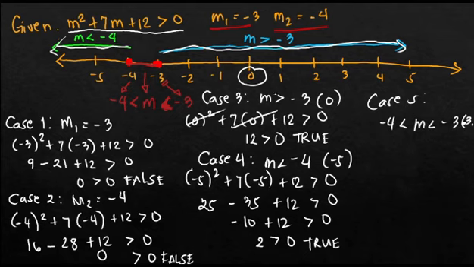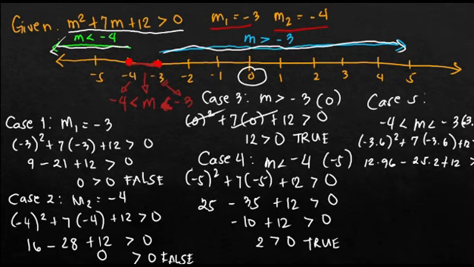So, substitute natin negative 3.6 squared plus 7 times negative 3.6 plus 12 greater than 0. So, negative 3.6 quantity squared is positive 12.96. 7 times negative 3.6, that is negative 25.2 plus 12 greater than 0.